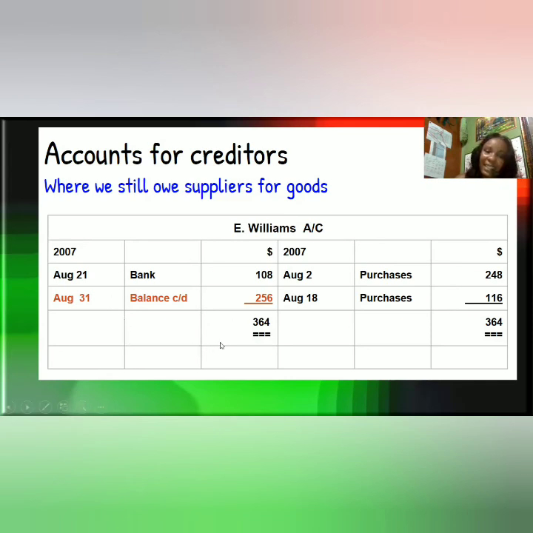The balance CD is on the debit side, and so our balance brought down must be on the opposite side, which is now the credit side. And there you go. September 1, balance brought down 256. And this has completed the accounts for creditors.